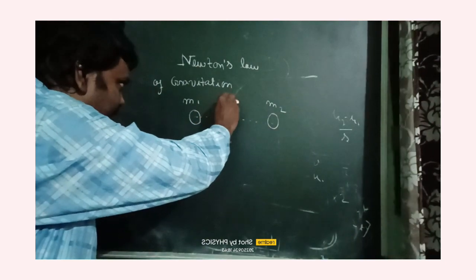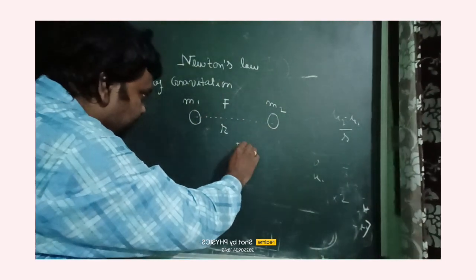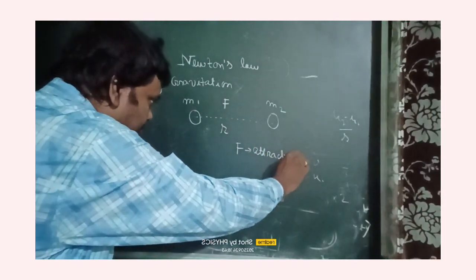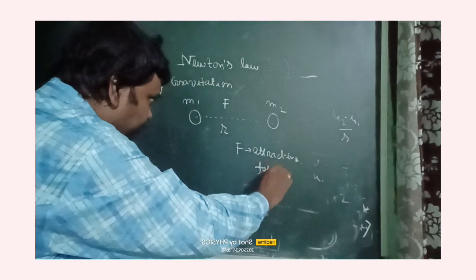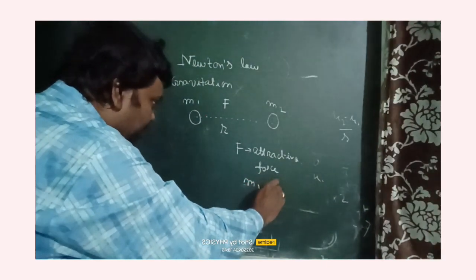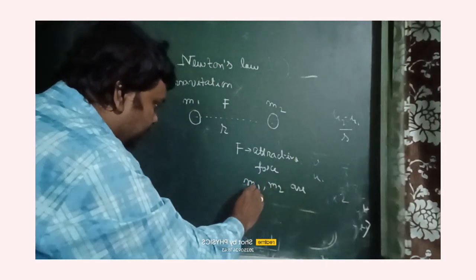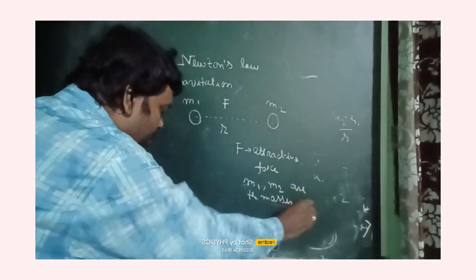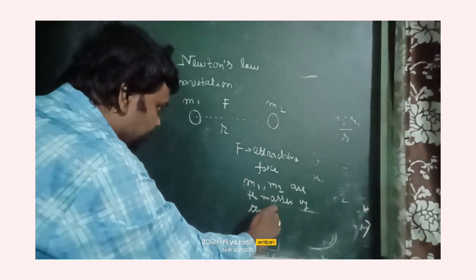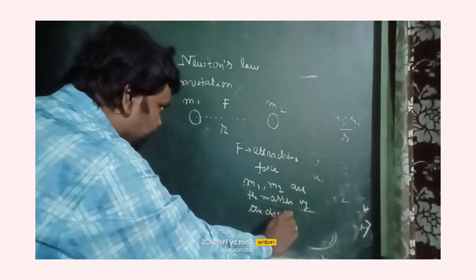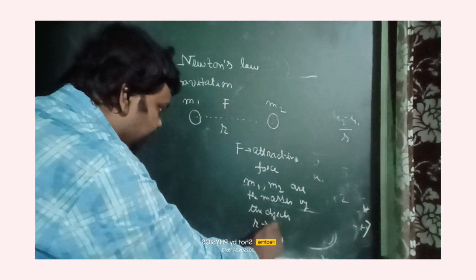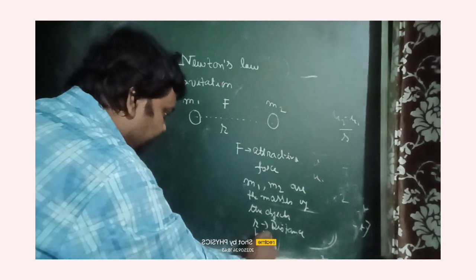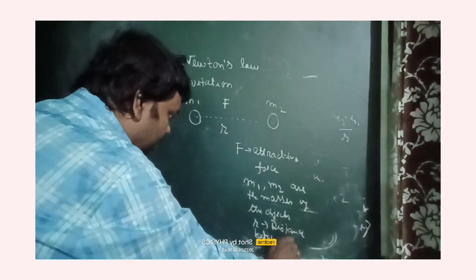This is F, the attractive force. m1 and m2 are the masses of the objects, and r is the distance between the objects.